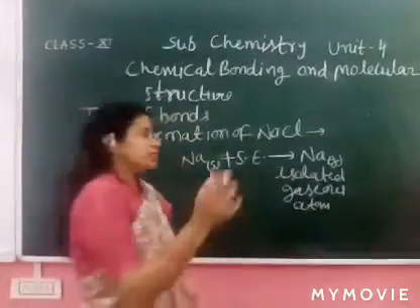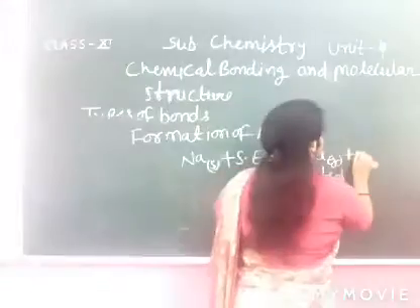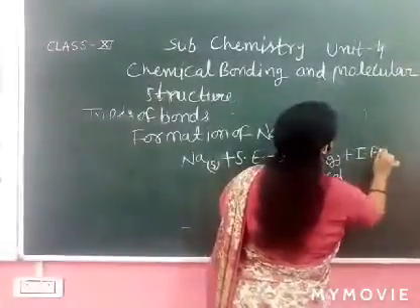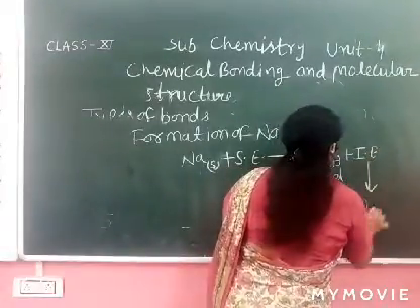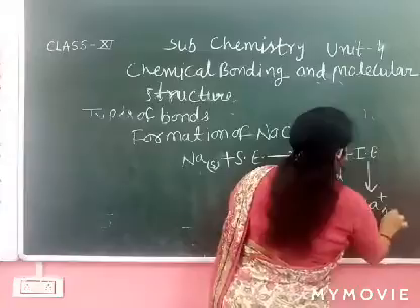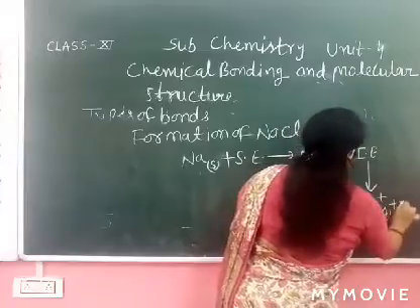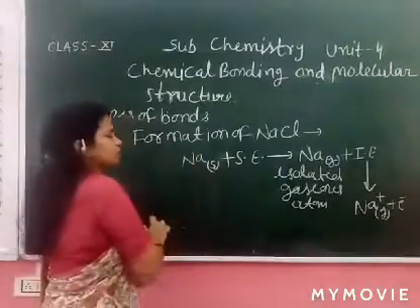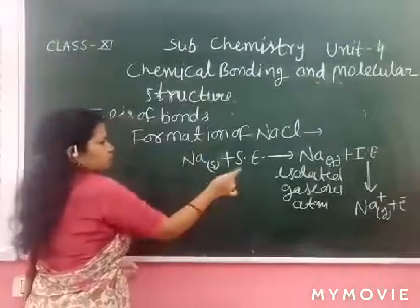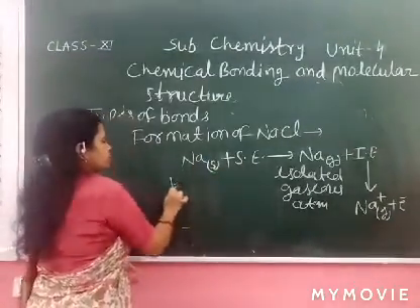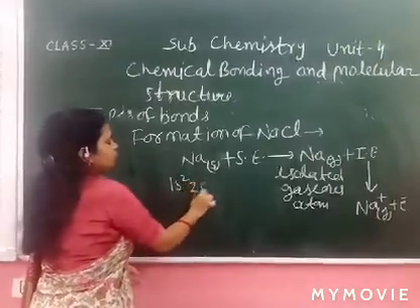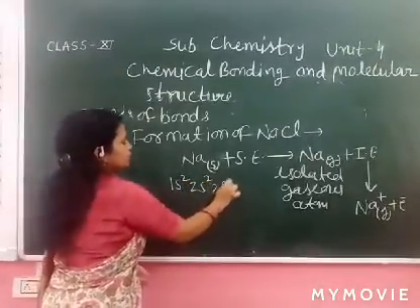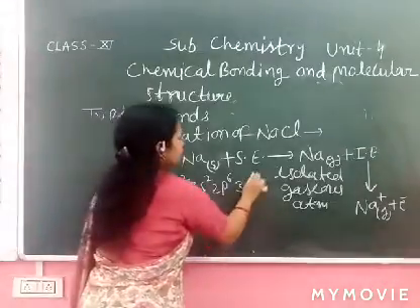When energy is required to remove this electron to form Na plus, what is this? Ionization enthalpy. So how does Na convert into Na plus? 1s2, 2s2, 2p6, 3s1.